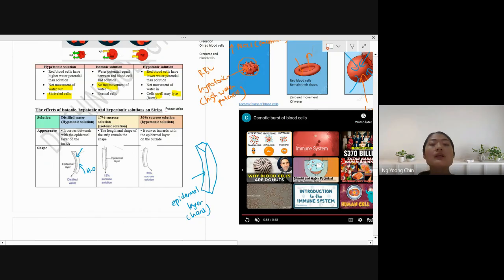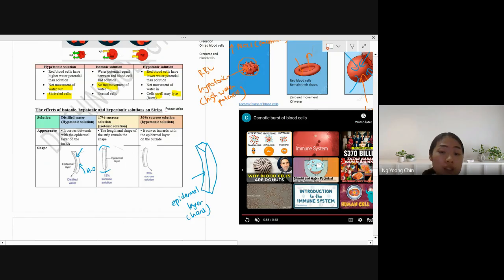So what will happen? Initially, the potato strips remain in this way, right? Both the epidermal layer and the flesh layer are the same size. However, since the water diffuses inside, the flesh part of the potato strip will absorb water.